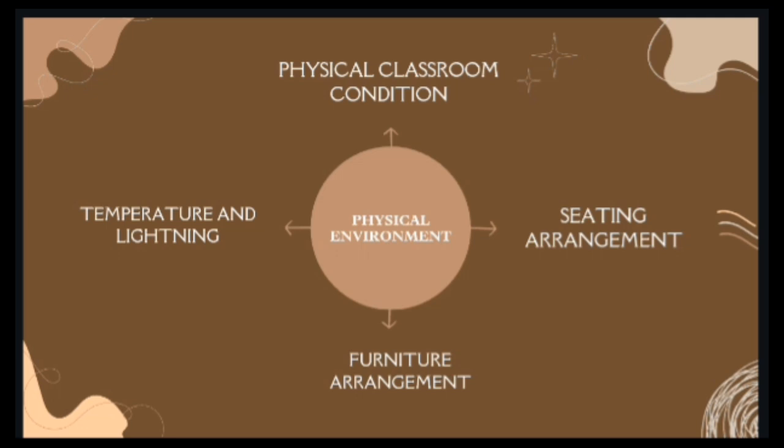So physical environment is nag-consist og upat, which is ang physical classroom condition. So ang physical condition sa usa ka classroom is makaapekto jud sa student moral and learning, kay if dili bitaw okay ang lighting kanang ngit-ngit jud ang room, way kahayag-hayag tas kanang igang kaayo ang room, tas labaw na og hugaw kanang makita nimo ang mga sagbot sa kilid, kay makasira jud kaayo siya og mood between sa teacher ug students.